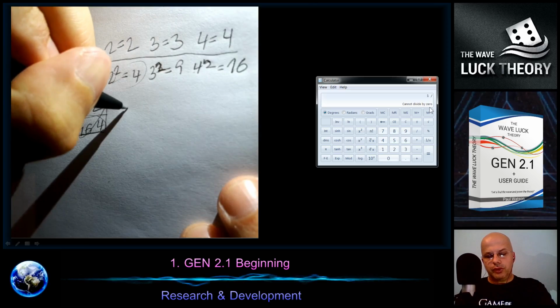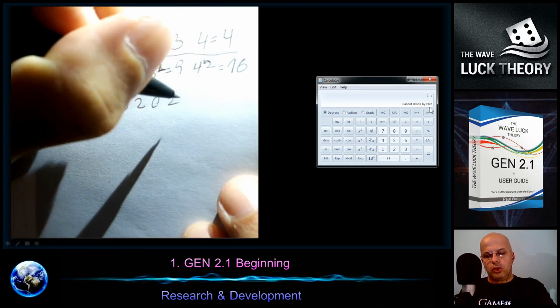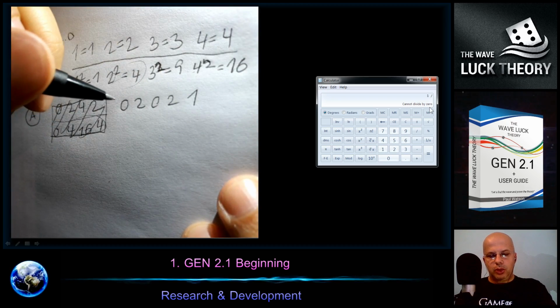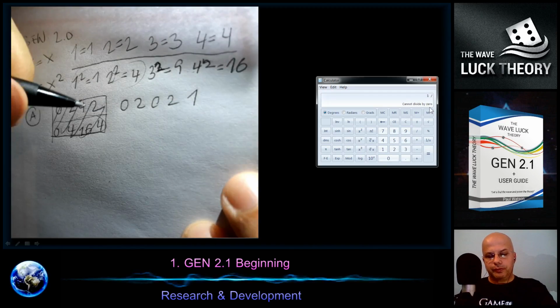If we have 0, 2, 0, 2, 1, the formula will be the following.